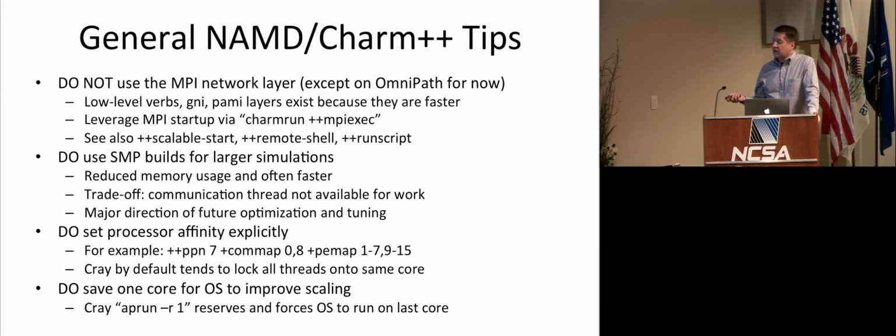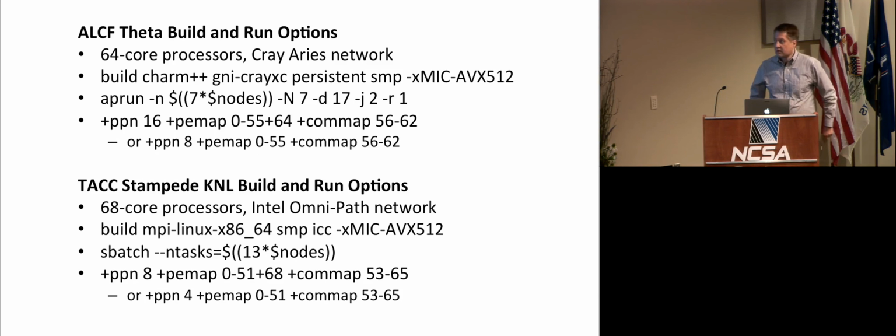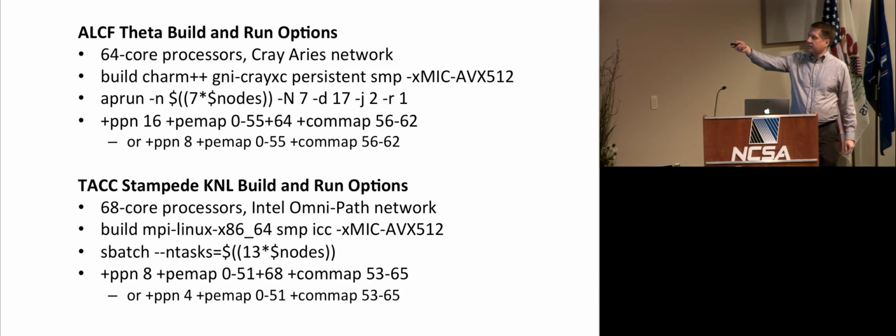And for scaling, try to reserve one core for the OS, either explicitly on a Cray or just by leaving that free, which prevents some system noise. So if we look at the two platforms that we're running on, 64-core processors at Argonne, 68 down at TACC.